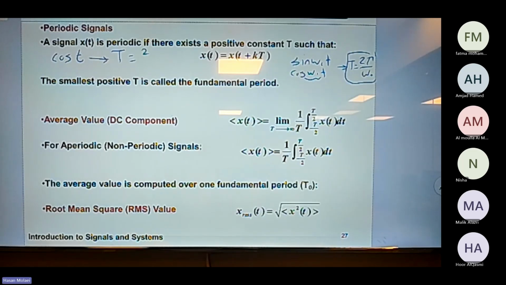Here, the coefficient of t is 1, so the period is 2 pi. How about tangent and cotangent?